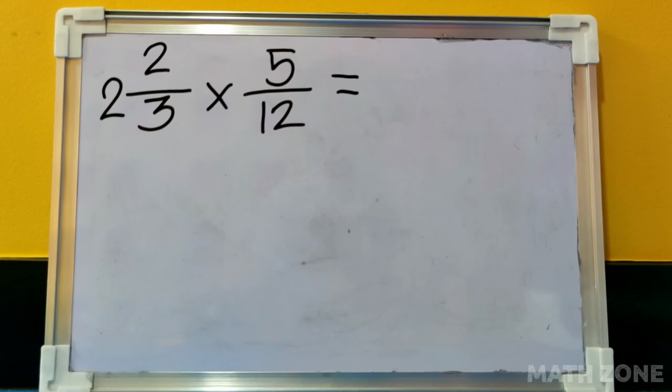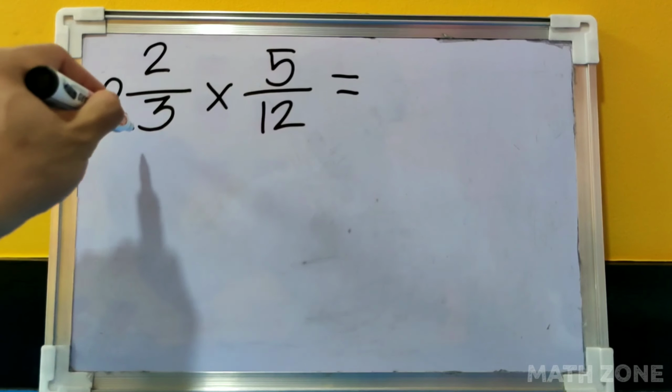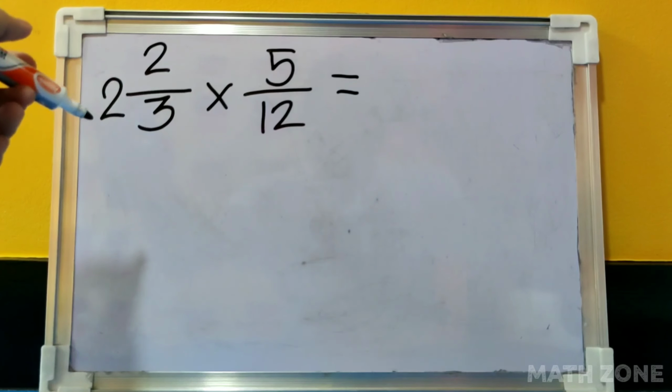Now that you have understood the concept, let's try and solve more difficult problems. And here we have a mixed number multiplied to a fraction. So that's 2 and 2/3 multiplied to 5 over 12. We need to convert a mixed number into an improper fraction first. And to do that, we simply multiply 3, the denominator, to the whole number.